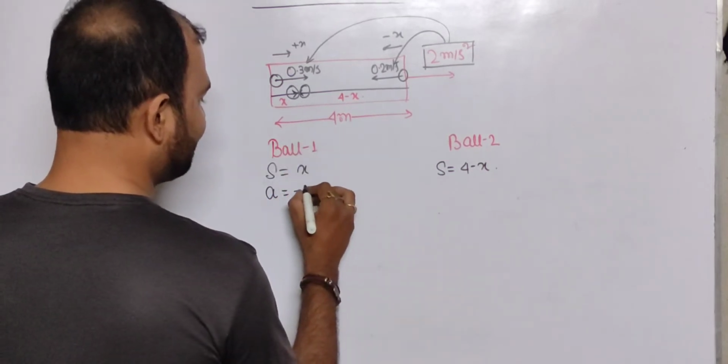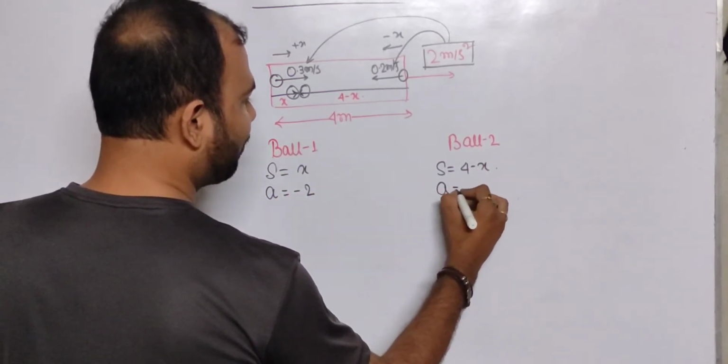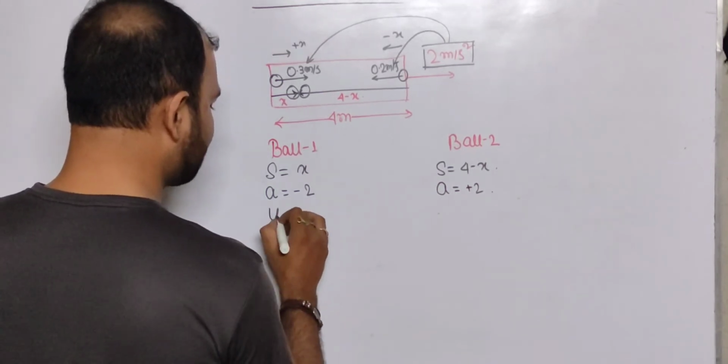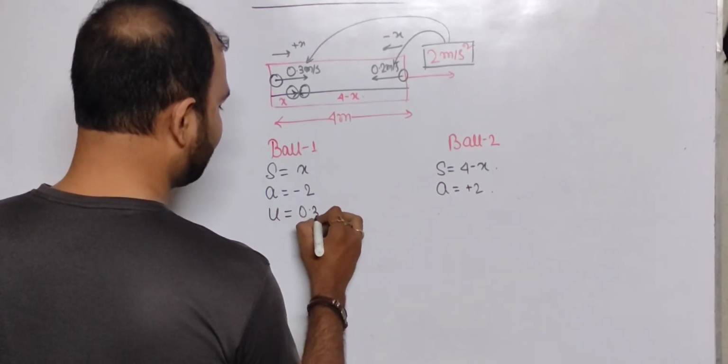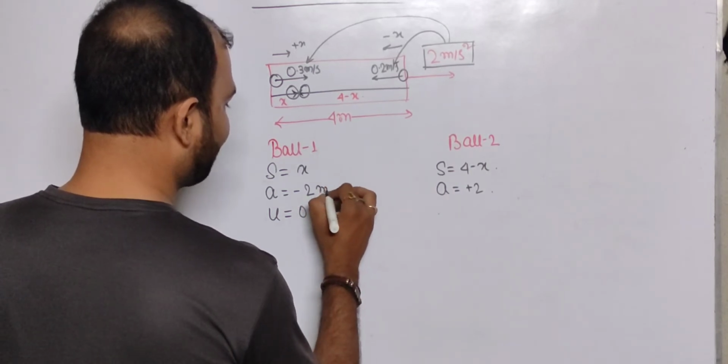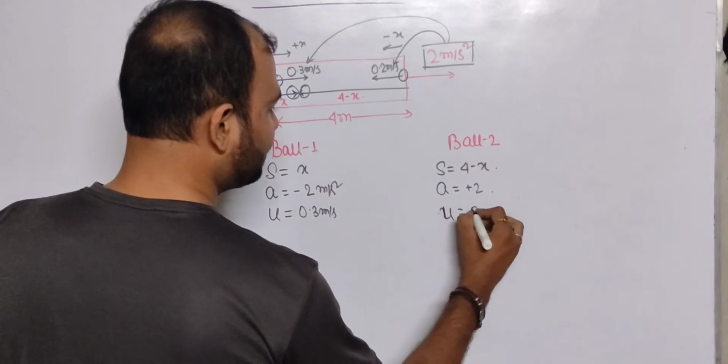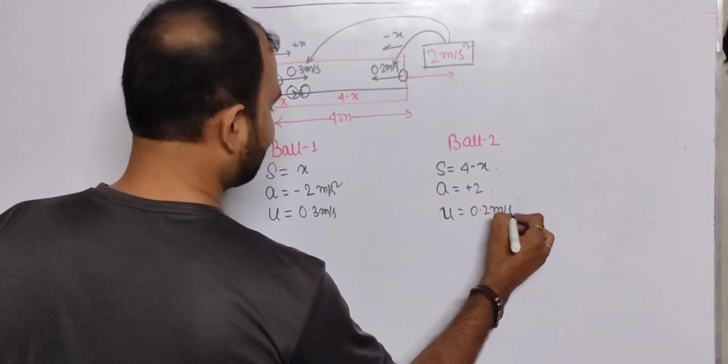Acceleration is minus 2 for one and a equal to plus 2 for the other. Initial velocity u equal to 0.3 meter per second, and u equal to 0.2 meter per second.